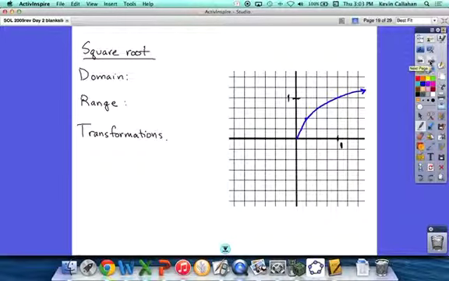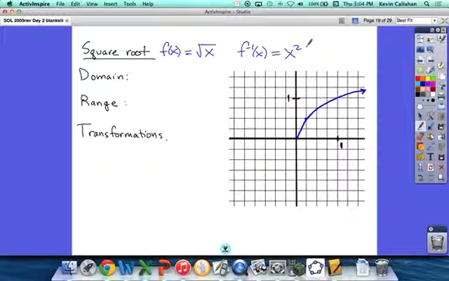Now the square root function, right, the parent function is the square root of x. And this brings up the concept of inverse functions, right? If this is f of x, then the inverse is x squared, right?